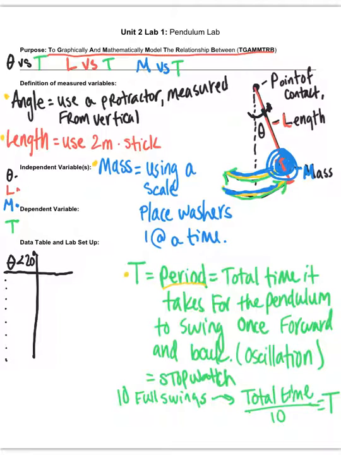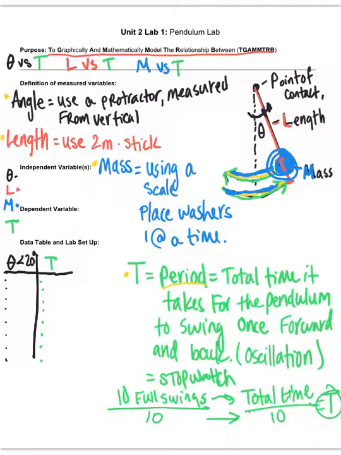I'd like you to let the rope swing back and forth 10 full swings, then divide that by 10, and that's going to give us the period that we are going to put for each of those data points. It's going to be a lot of swinging, but that's okay.